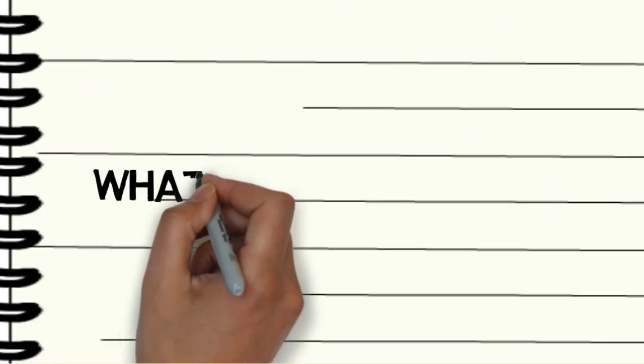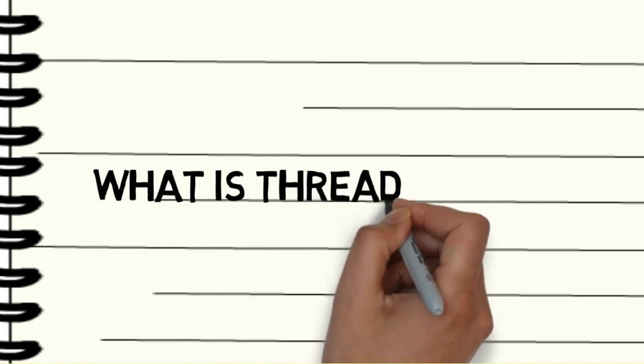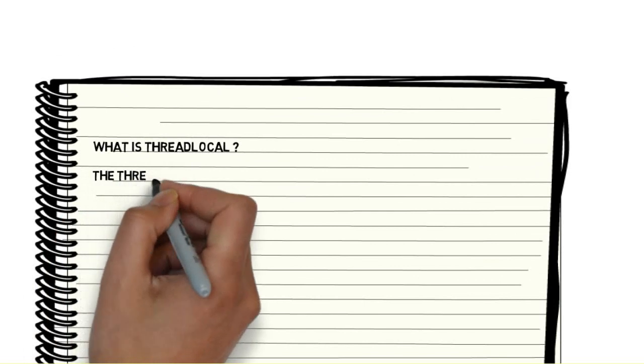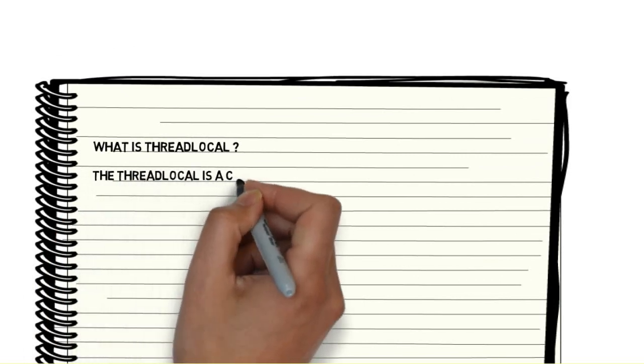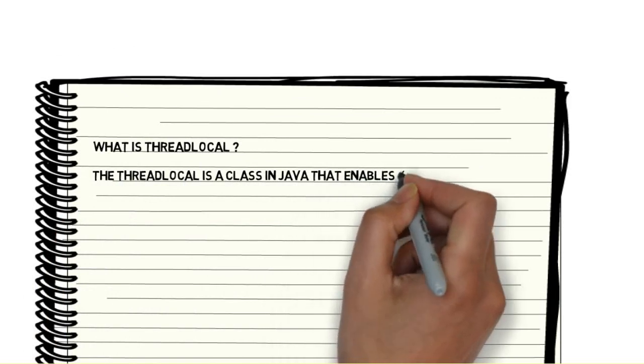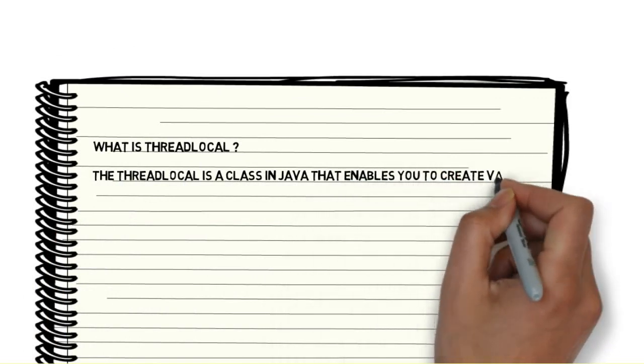Now let us understand what is a ThreadLocal. The ThreadLocal is a class in Java that enables you to create variables that can only be read and written by the same thread.